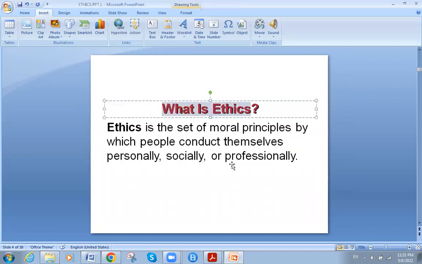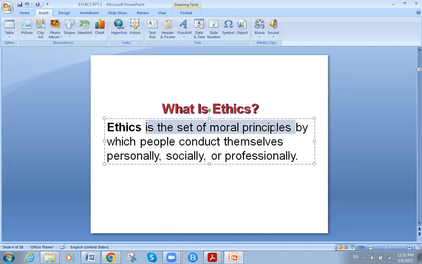We come now to our first question: what is ethics? This was mentioned in the previous lecture, and I'm repeating it. Ethics is a set of moral principles.